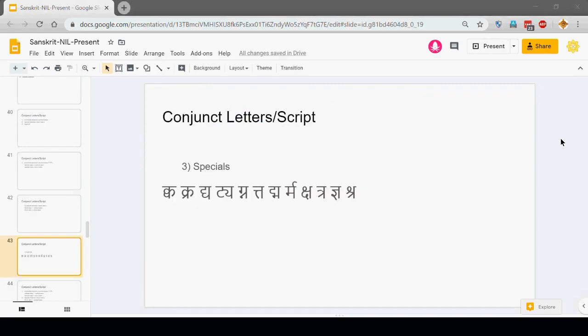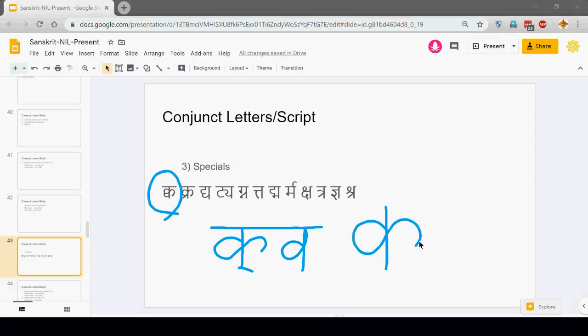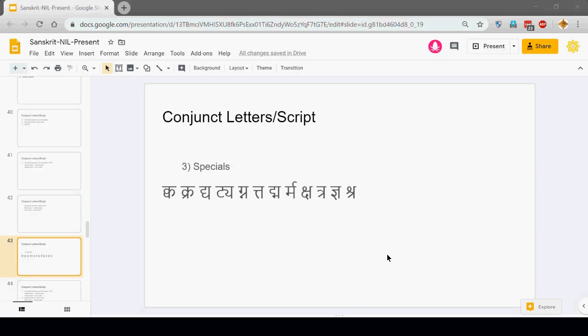And also we looked at some special Devanagari conjunct combinations like this. For example, kwa. First ka comes, and then there is a wa. If you write them separately, it looks like this, but together, the wa part is written at the bottom like this.